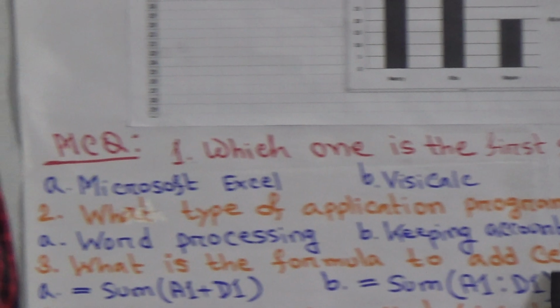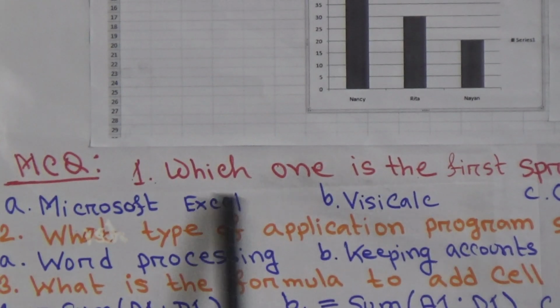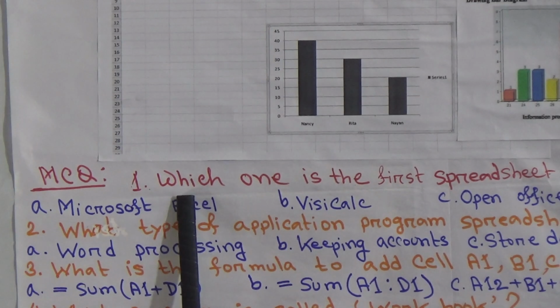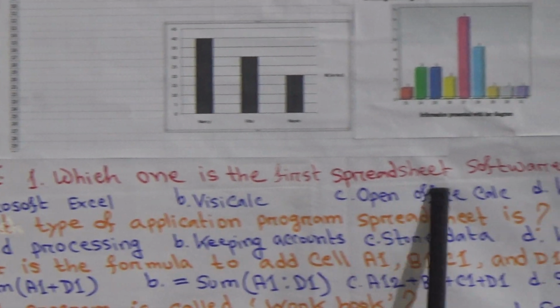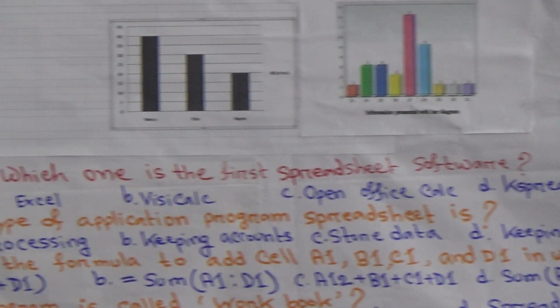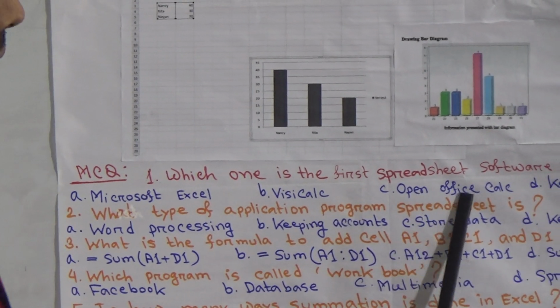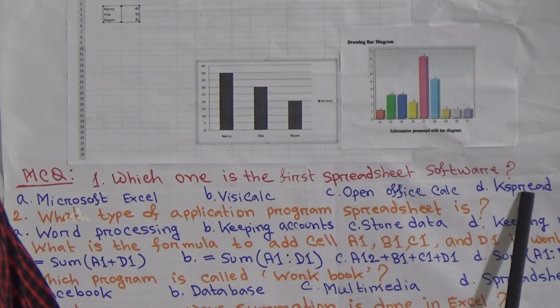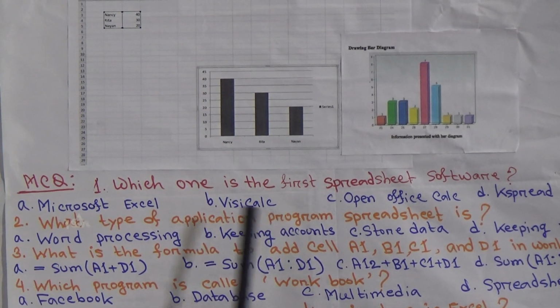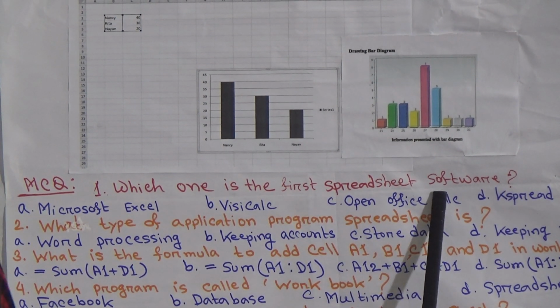Now take some MCQ questions from spreadsheet program software. Number 1, which one is the first spreadsheet software? Is it Microsoft Excel, VisiCalc, OpenOffice Calc or Kspread? In our previous lecture we talked about spreadsheet software.